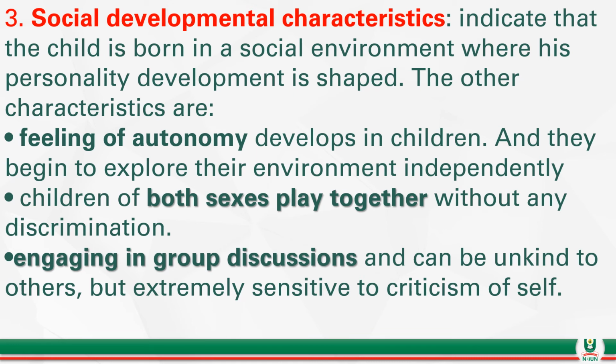The child begins to explore his environment independently. You want to see what is in the bedroom, you want to see what is in the sitting room, and you see the child walking into different parts of the room and exploring the environment, even in the compound, and at times bringing things upside down. Just trying to express himself by exploring his or her environment independently.